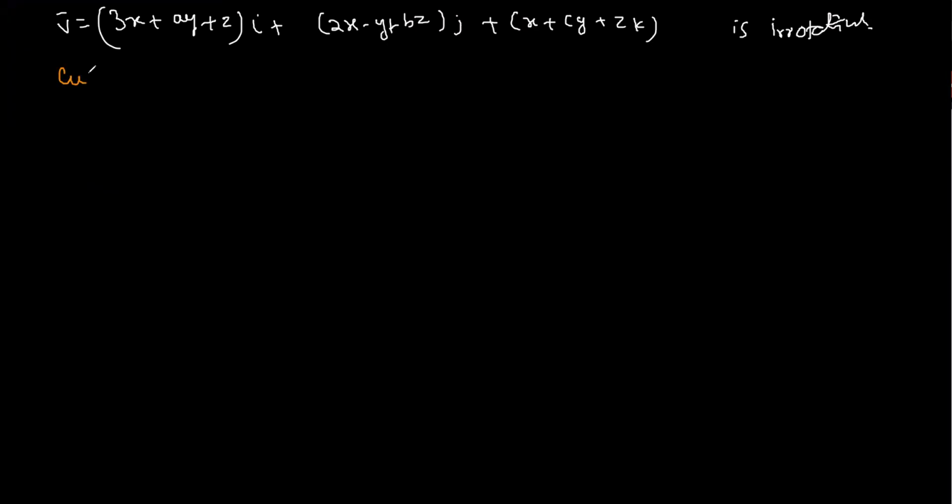So curl of vector v is already zero. We have to find what? The constants a, b, c. Curl means cross product of vector v is zero. Vector zero. Never write only zero. Write always vector zero. Okay. Because some students practice in such a way they always write only zero.